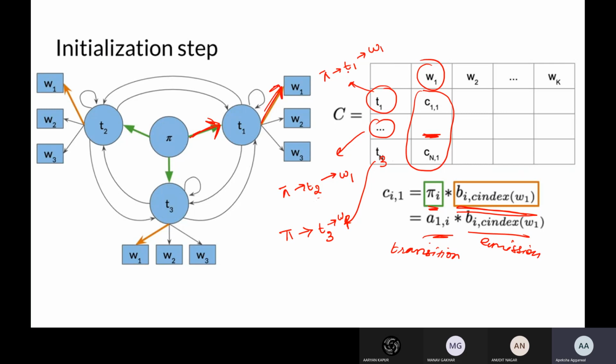So it is the multiplication of transition and emission, again transition and emission. From pi, for all the possible states, if word 1 appears in any of the states, what are the possible chances? So this probability matrix will give me all the possible scenarios that can appear for a sentence. This is clear, the initialization step.